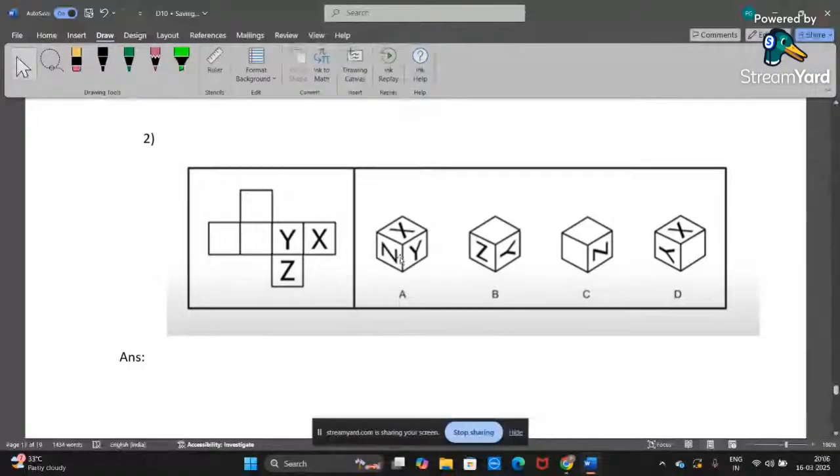See here. Let's solve this. This is the question. If we fold this option, one should match.